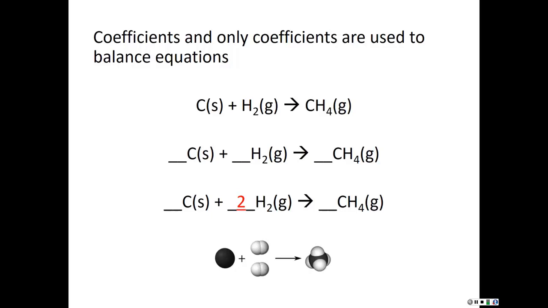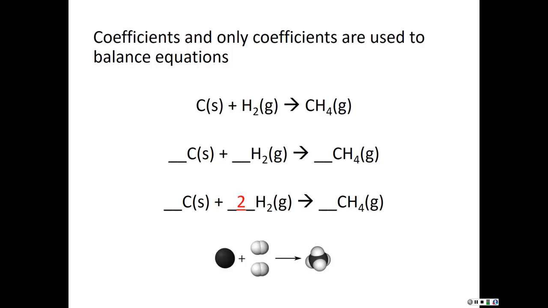So I've got, well, let's just see where we stand. 1 iron, 4 chlorines, and 2 oxygens on my reactant side. On my product side, I've got 1 iron, 2 oxygens, and 2 chlorines. So my iron and oxygen match up, but my chlorine doesn't.